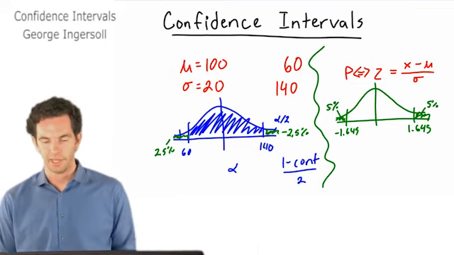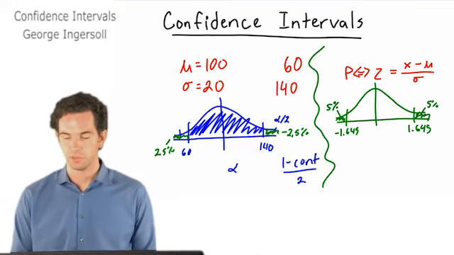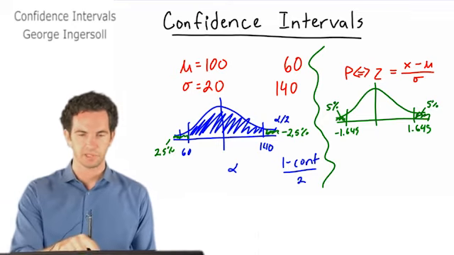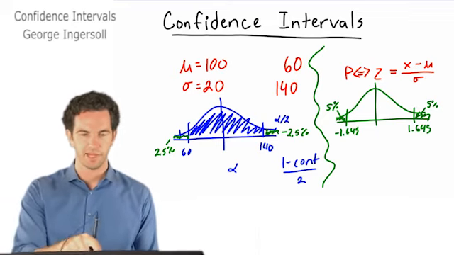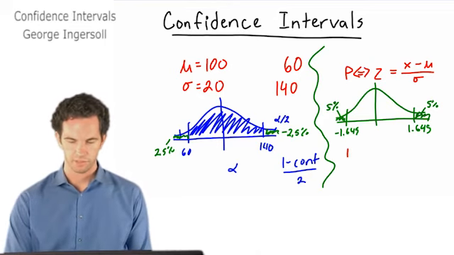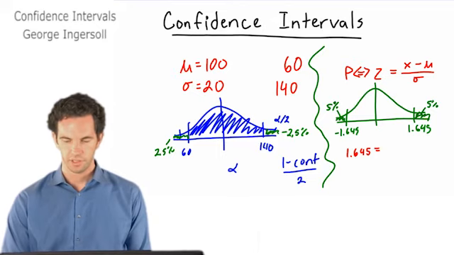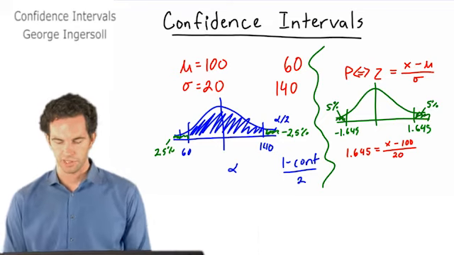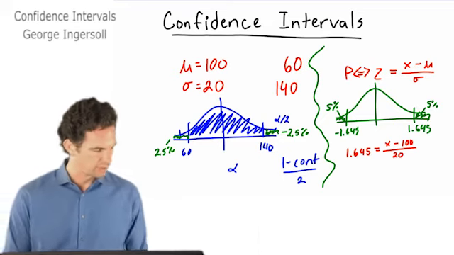So let's convert that now into an actual value, a number of customers. Sorry. So if we say 1.645 equals x, the number of customers we're looking for at the upper bound, minus 100, our average number of customers on a Saturday night, over our standard deviation of 20, we can solve for this.